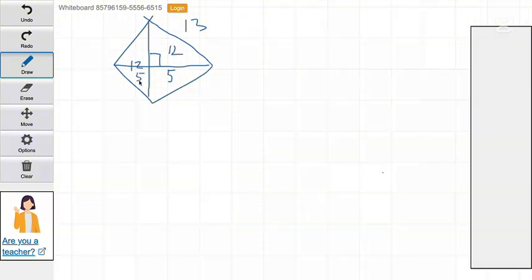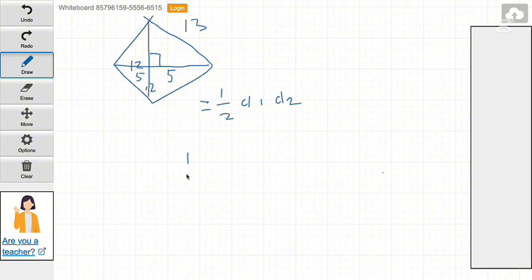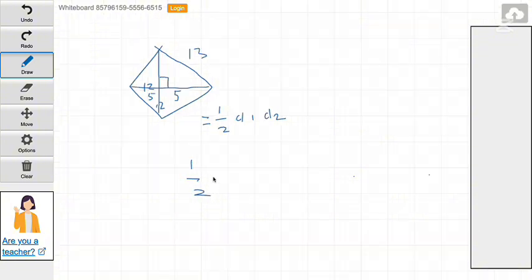Alright. So for the rest, if these two are 12, we just need to do, this just equals half of diameter 1 and diameter 2. So we just need to go half of 10 and 24.